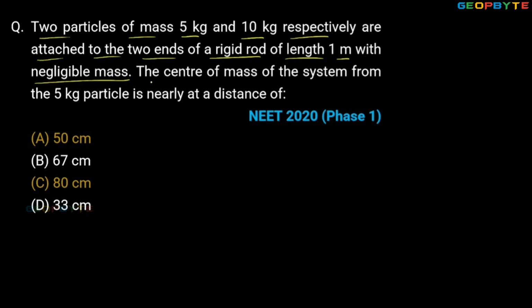Then you are asked to decide the center of mass of the system from the 5 kg particle, nearly at a distance of. You are asked to decide the center of mass of the whole system with respect to the 5 kg particle. For that, look at the arrangement, the same arrangement. This is the length of the rod equal to 1 meter only, and this is the rigid rod.